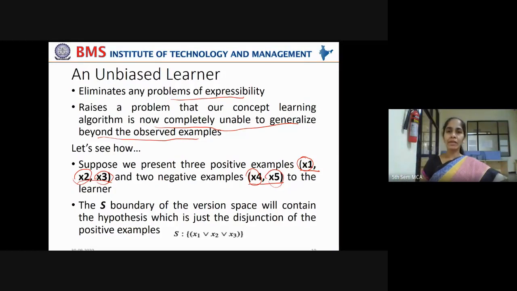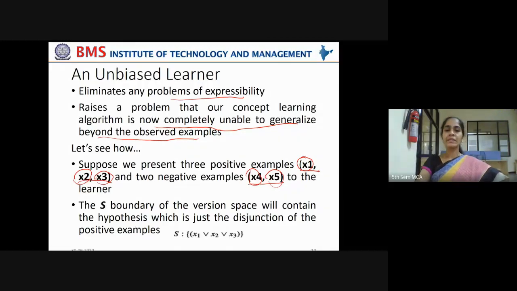And whenever a negative example is encountered, you come from the bottom. That is, you come from a general boundary set to make it more specific. From the top, if you're coming down, a specific hypothesis is being made more general. When you're coming from the bottom, a general hypothesis is being made more specific, right?